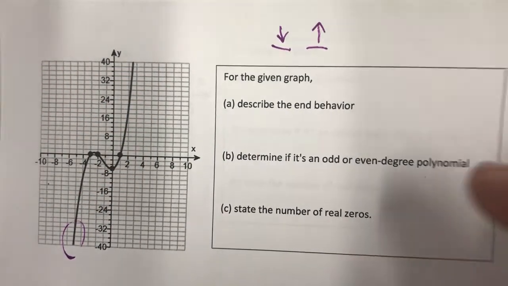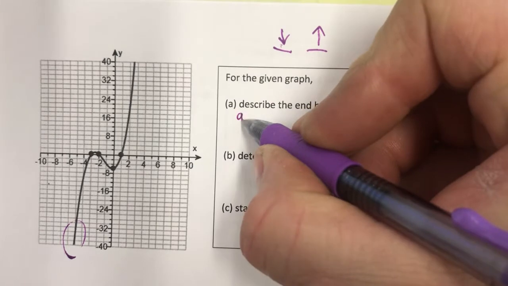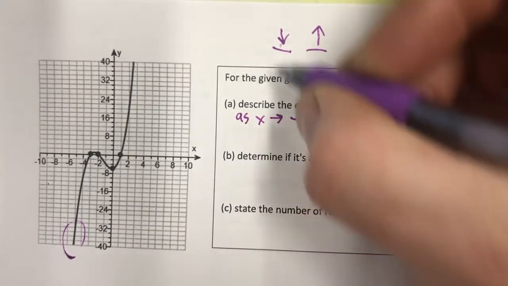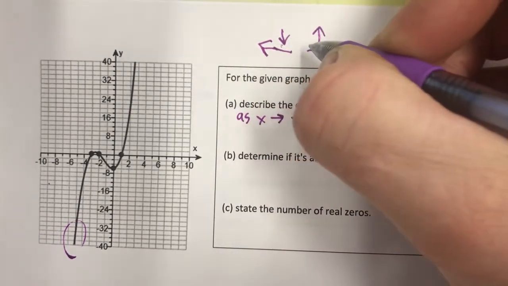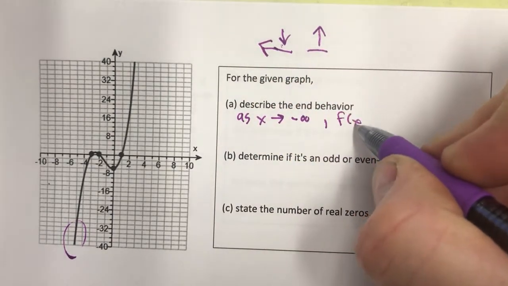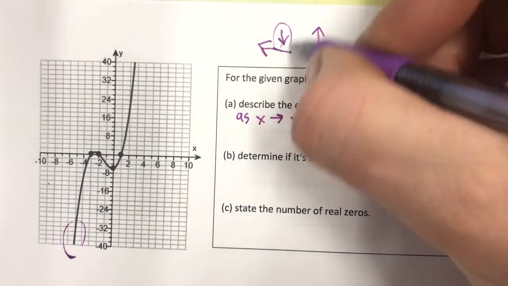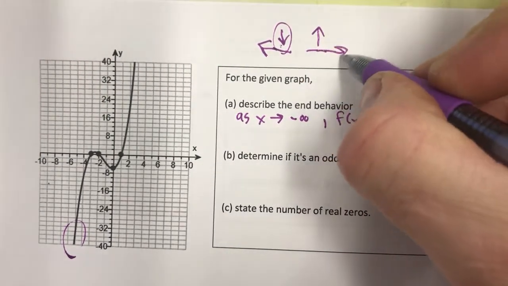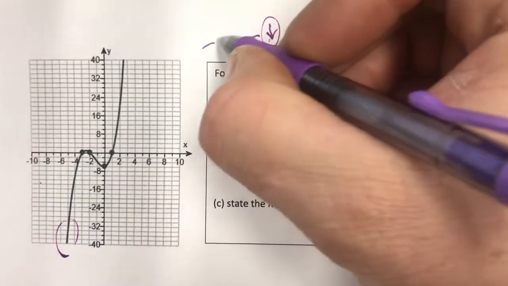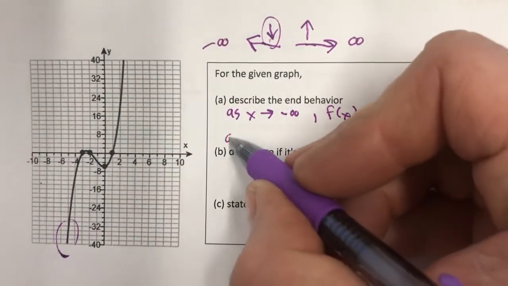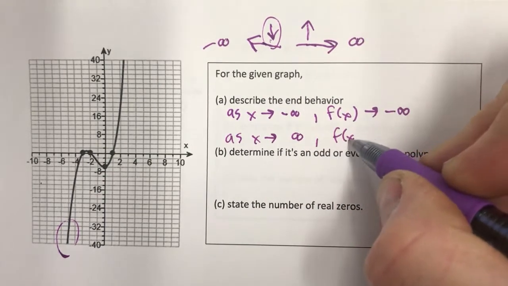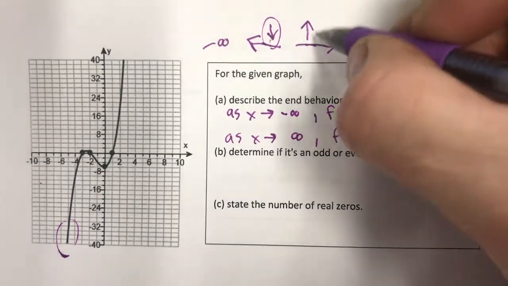So that means on this one here, as x approaches negative infinity, the function of x approaches, this is going down, so it's negative infinity. On this one here, we're going positive infinity. So as x approaches positive infinity, the function of x also approaches positive infinity because this one's going up.